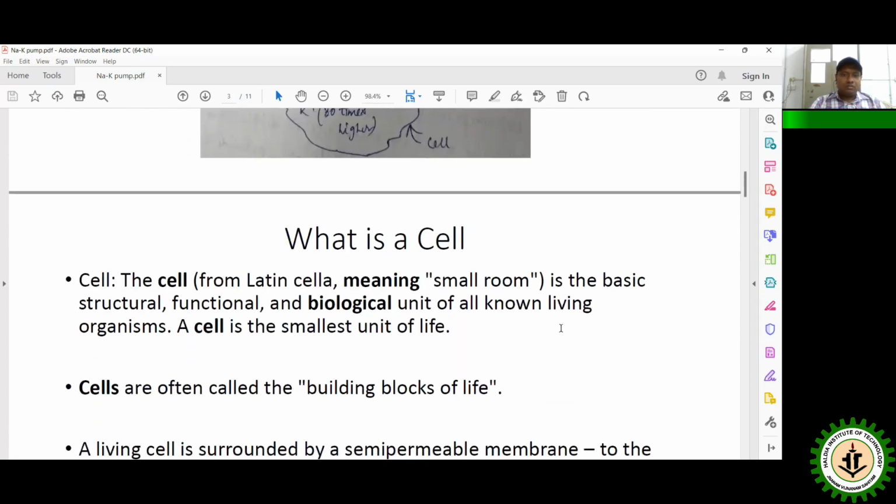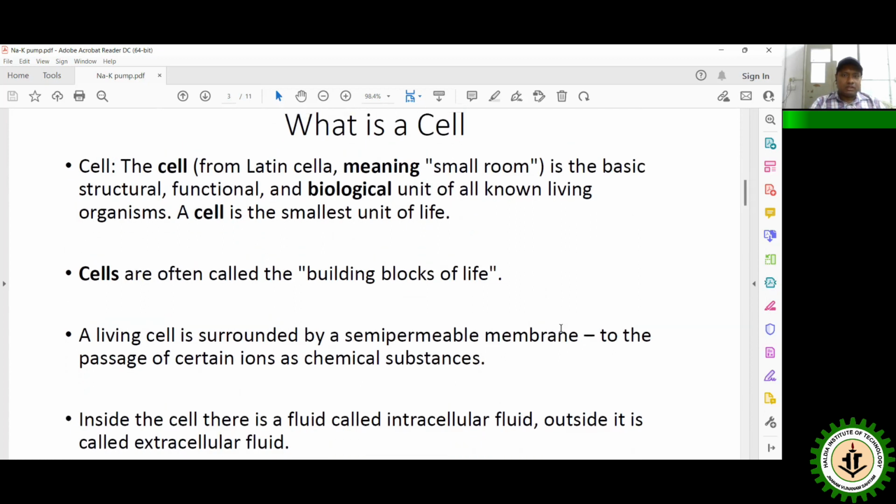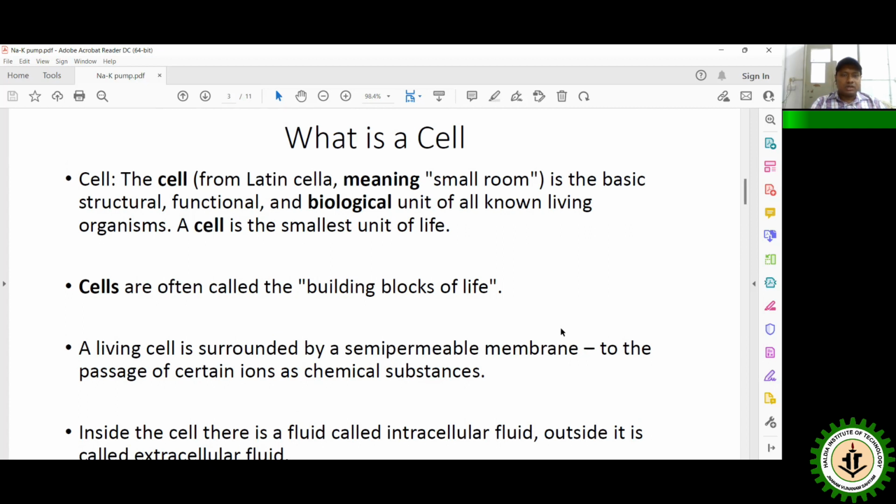So now, this is what a cell is, which I have described here. The cell, from Latin cella, meaning the small room, is the basic structural, functional, and biological unit of all known living organisms. So a cell is the smallest unit of life. Cells are often called the building blocks of life.